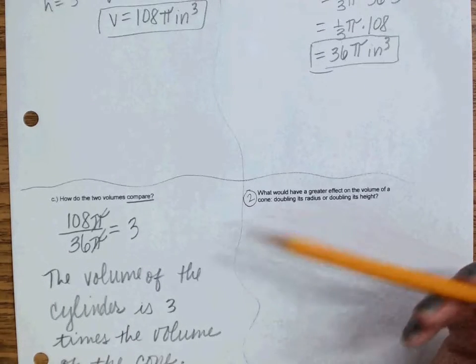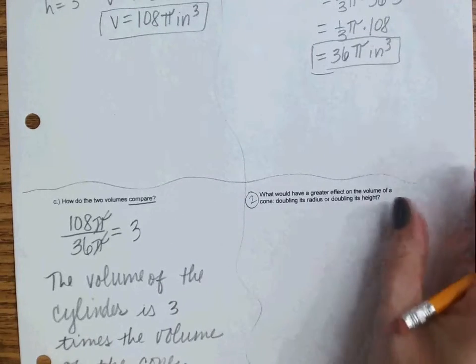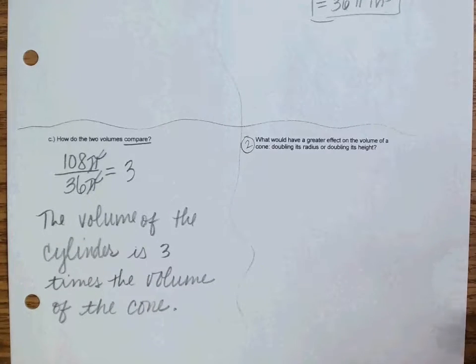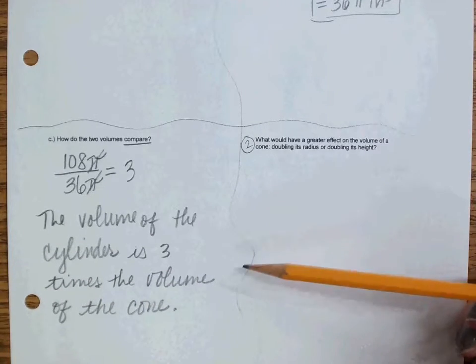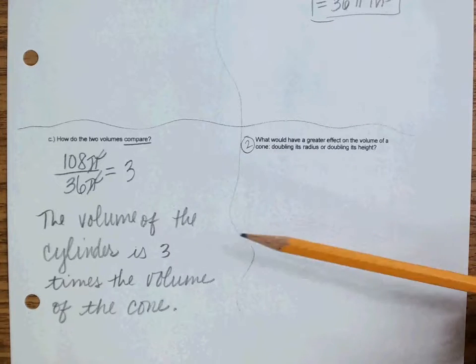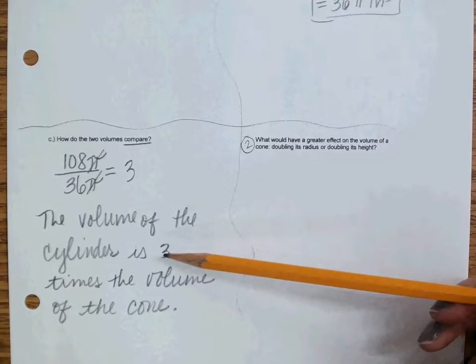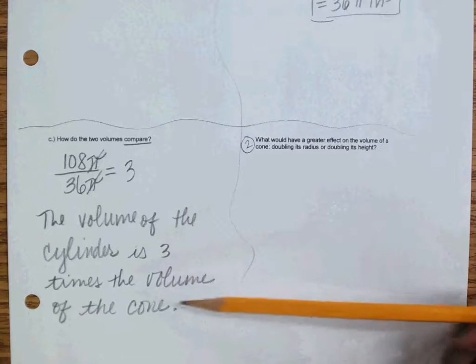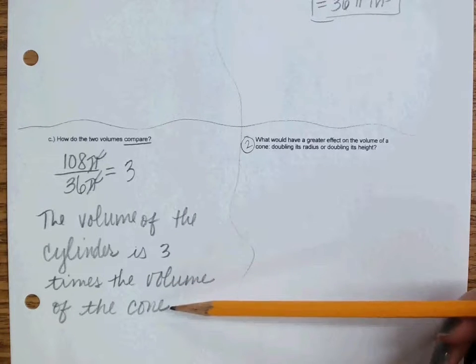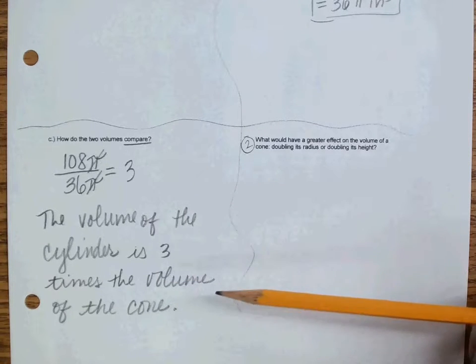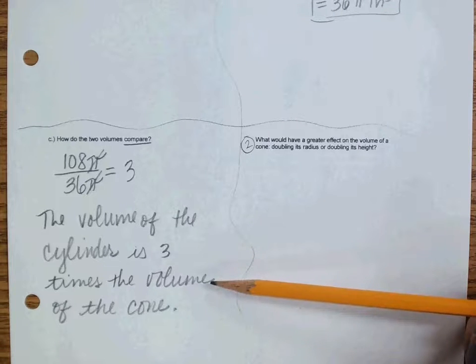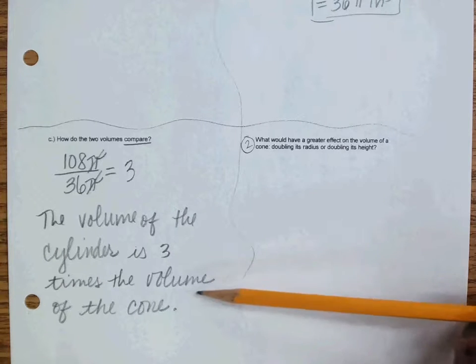So for C, what I want to ask you guys, oh, sorry, slipped. What I want to ask you guys and talk to you about before we jump to number 2 is that the cylinder is 3 times the volume of a cone, okay? This is very important. The other thing, too, is you think about how many times will it take a cone to fill a cylinder with the same radius and same height.